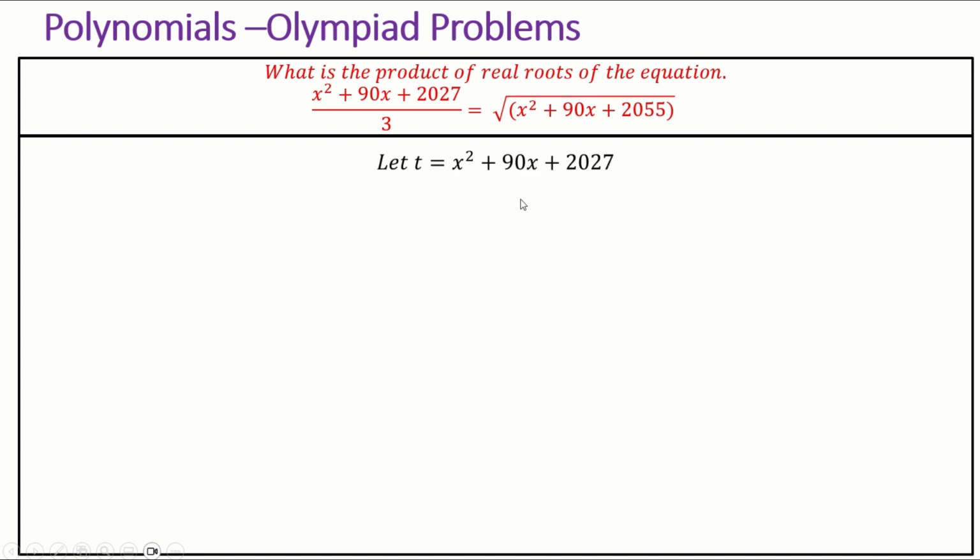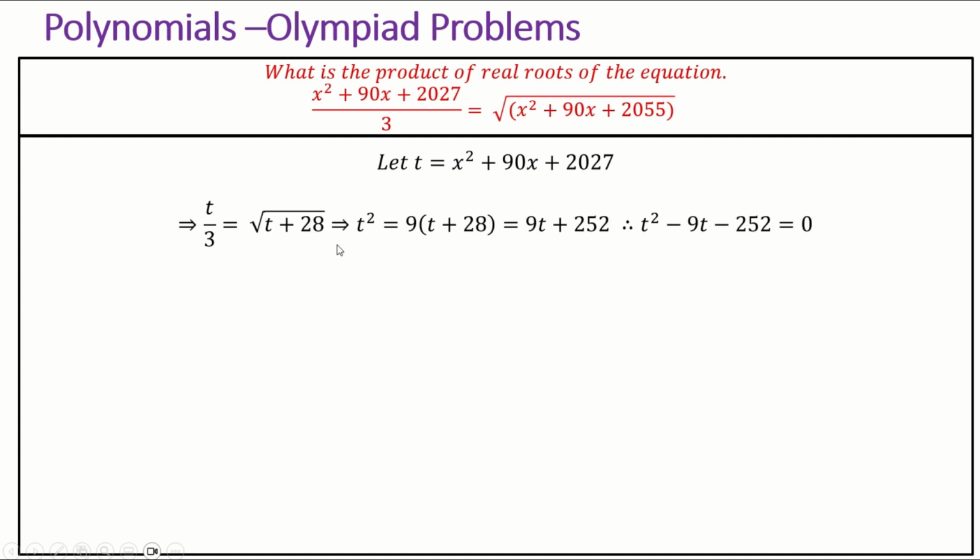Let t equal x square plus 90x plus 2027. The given expression will become t by 3 equal to square root of t plus 28. Squaring on both sides, you get t square equal to 9 times t plus 28, or 9t plus 252.